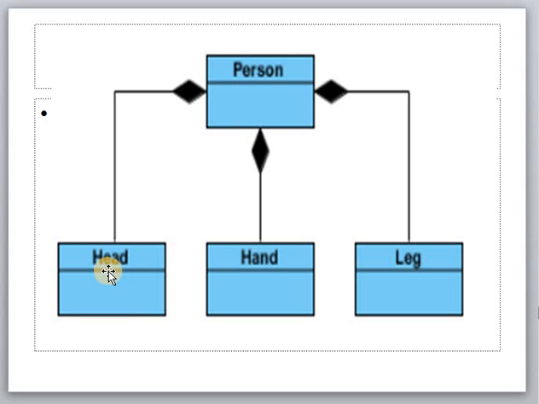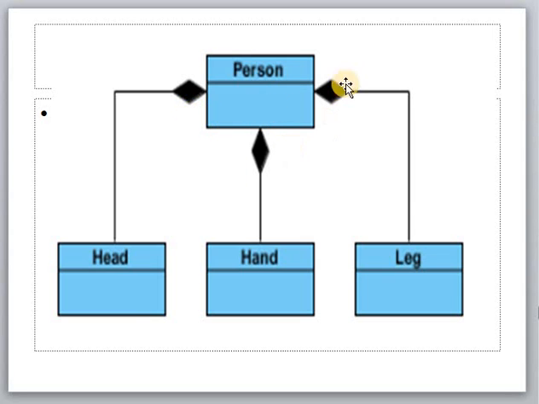A head cannot live without a person. Similarly, the class hand cannot live without a person, and the leg class again cannot live without the class person.